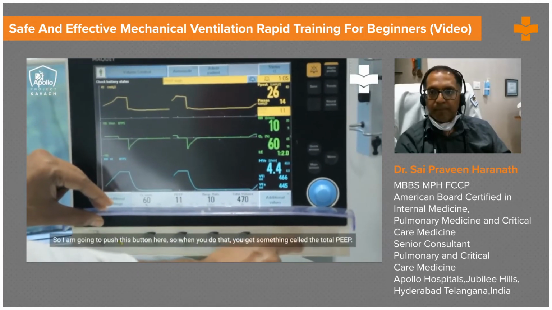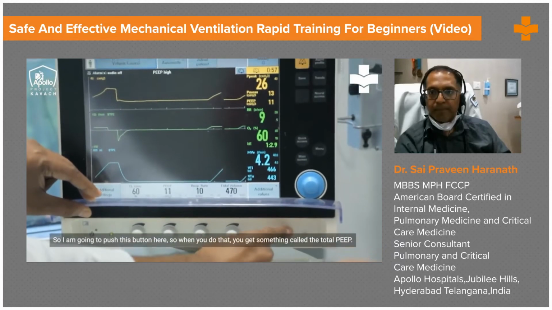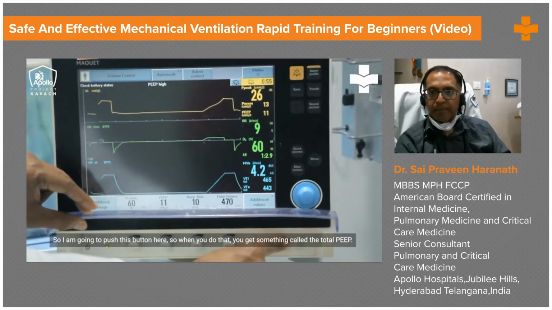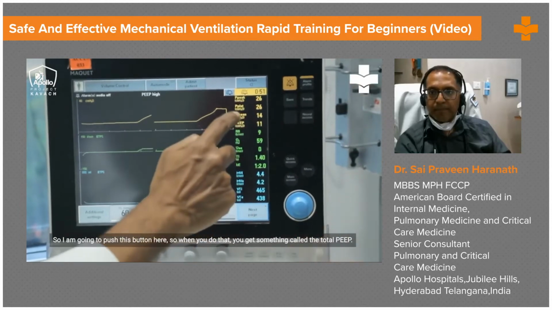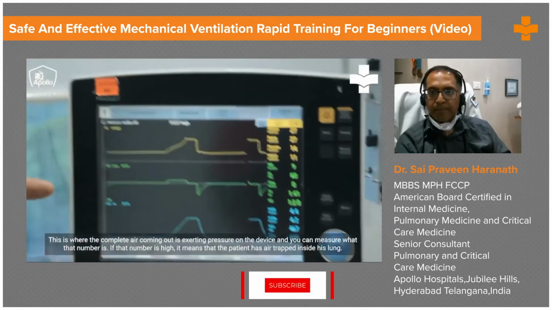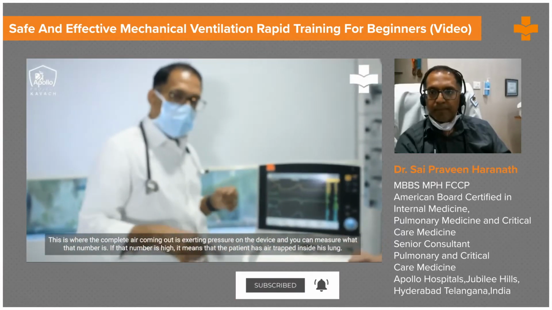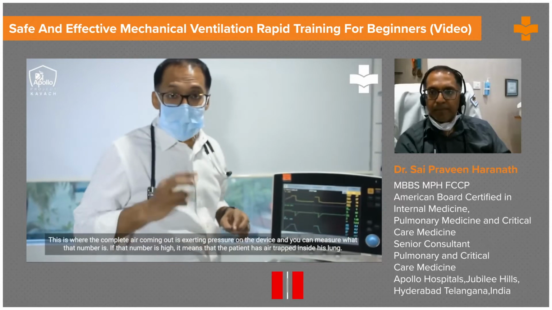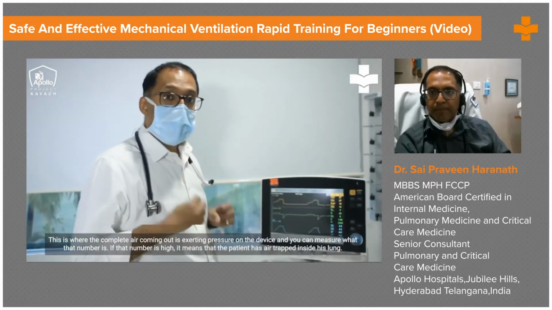So I'm going to push this button here. When you do that, you get something called the total PEEP. The total PEEP is where your complete air coming out is exerting pressure on the device, and you can measure what that number is. If that number is high, it means that the patient has air trapped inside.